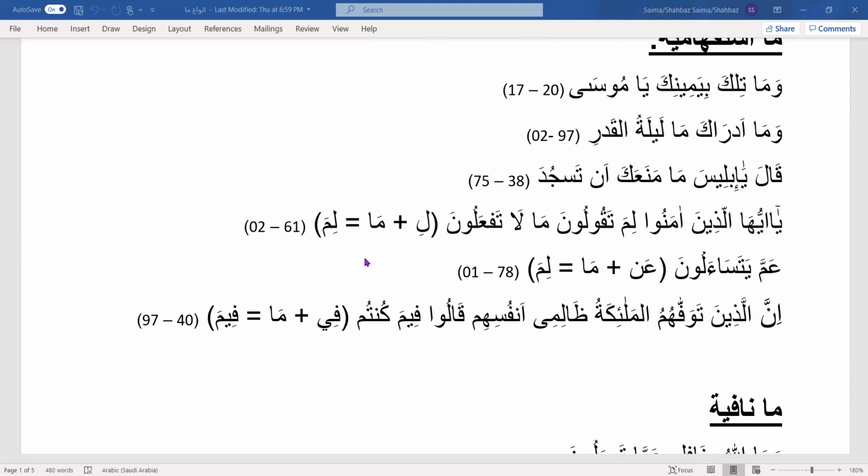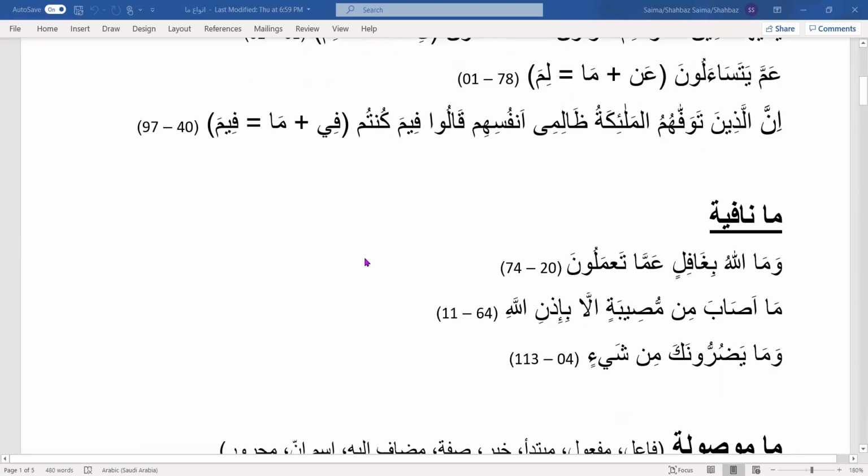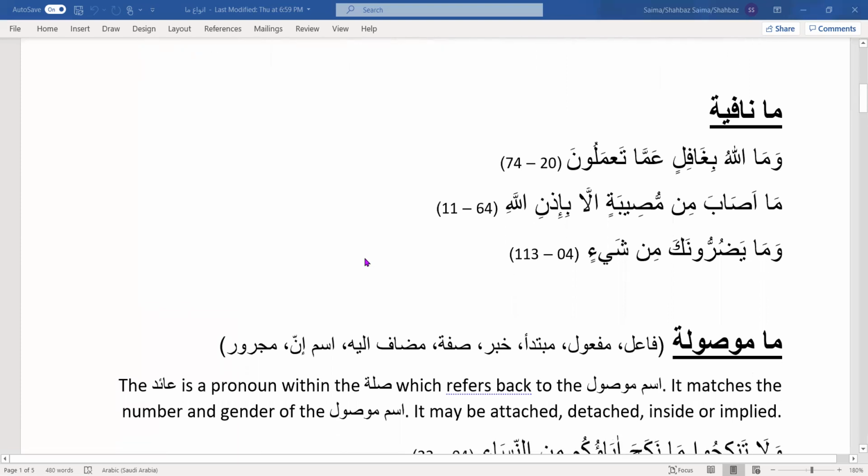You have to try and see if it is ma istifhamiyah. If not, then maybe it is ma nafiya, which is next, or another type of ma. We have to try to translate it different ways and see which one makes the best sense. Inshallah, as you do more, it will become so easy with time. You will not have to spend much time on figuring out what type of ma it is.